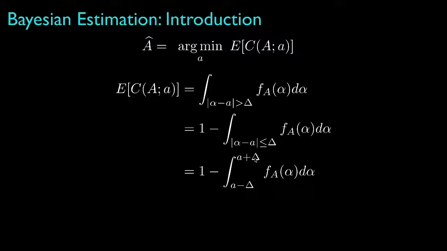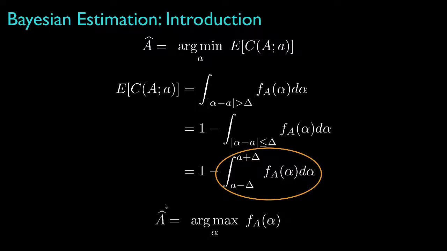Now, the optimal estimate for this expected cost is a value for A that minimizes this expression, or the value for A that maximizes this integral. Now, in the important situation where the error threshold delta is sufficiently small, this would be accomplished by selecting A to be the value that maximizes the prior density. Therefore, the optimal estimate for the average uniform cost is the mode, or the maximum, of the prior density.